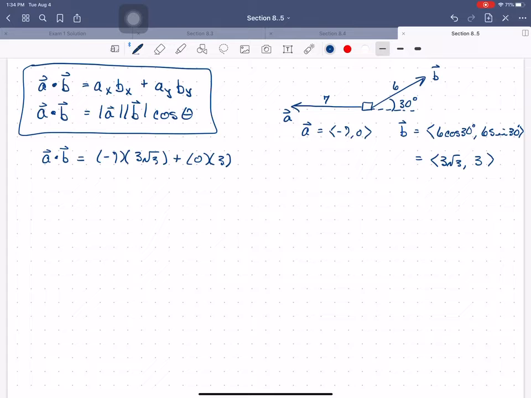Which would be -21 square root 3. Yes? Okay, there's another way we can do this though, because we also know that we can find the angle in between these as 150 degrees. Yeah?